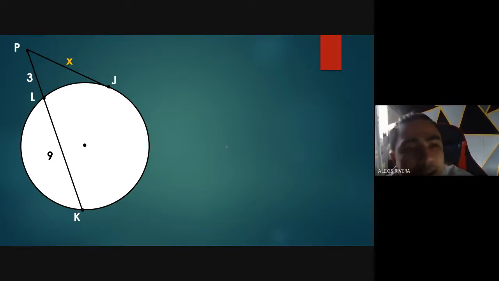Kayo ulit. We have x as PJ. O, yung tangent naman yung missing. And we have PL with 3 units and LK with 9 units. What is the measurement of PJ?